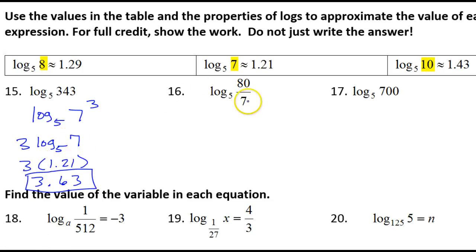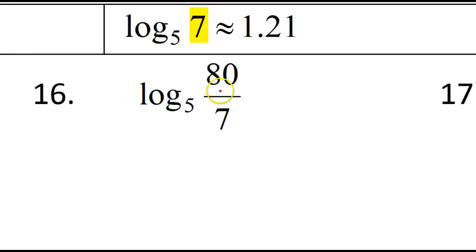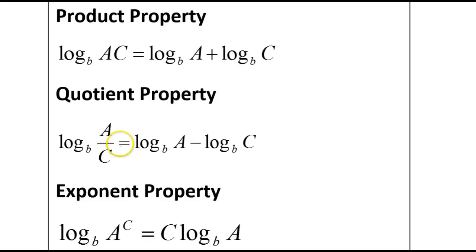Now I'm going to zoom in on number 16. But remember, we want 8, 7, or 10. Last problem we used the 7. We didn't wind up using the 8 or the 10, so you don't have to use them all. I'm seeing 80 and I'm seeing 7. As soon as I see this fraction, I'm thinking about the quotient property.